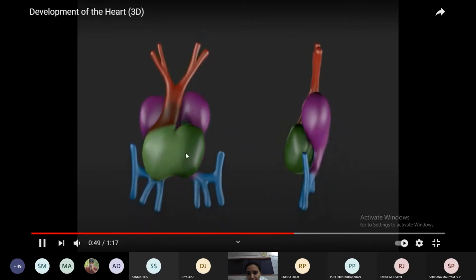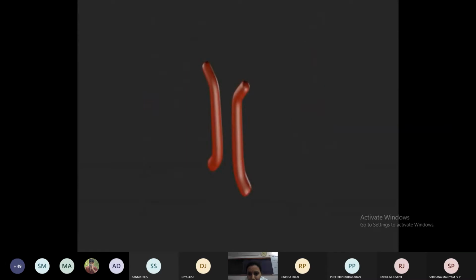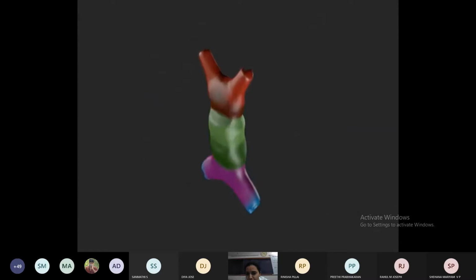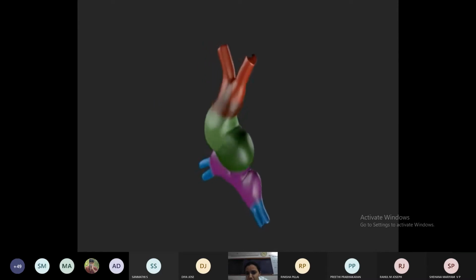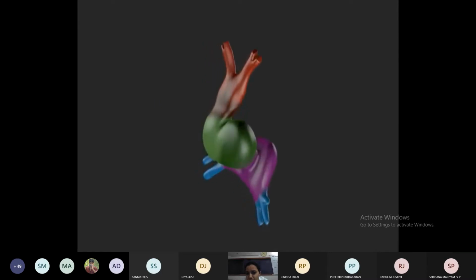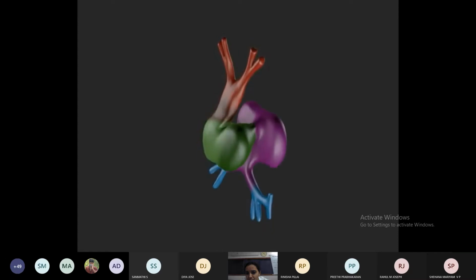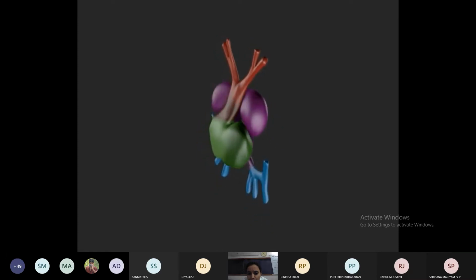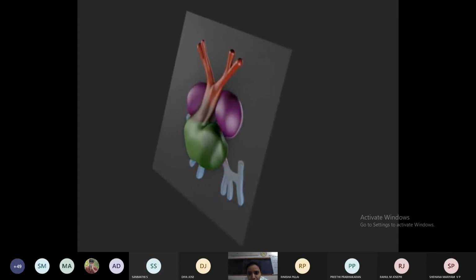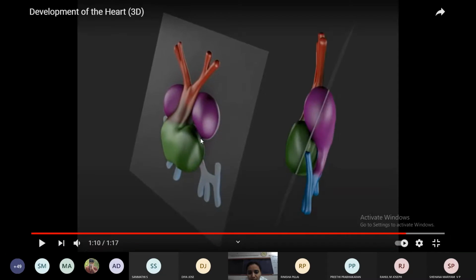This is the lateral view, this is the frontal view. Frontal view and the lateral view. Okay.